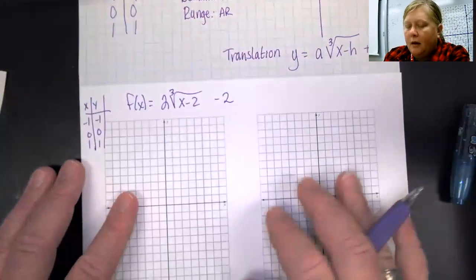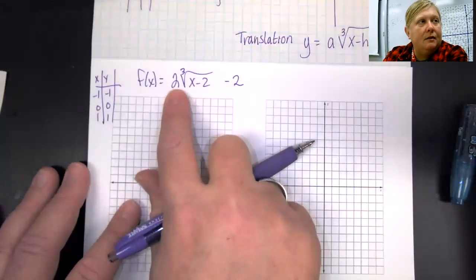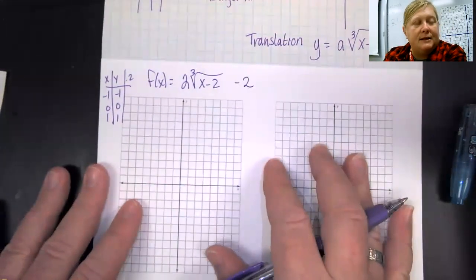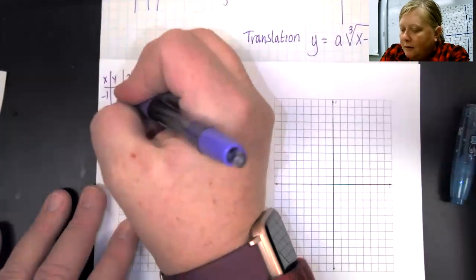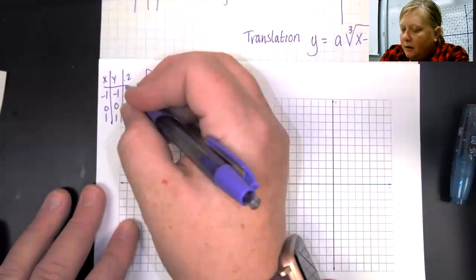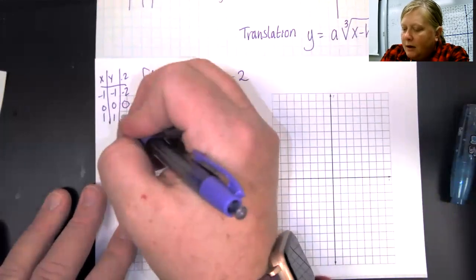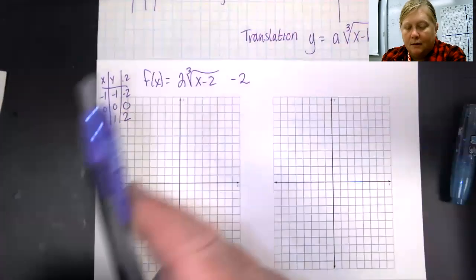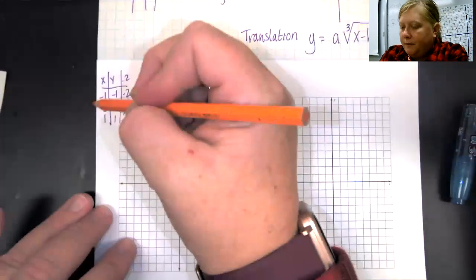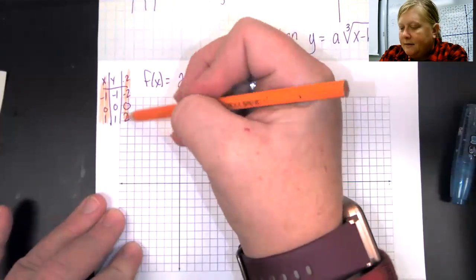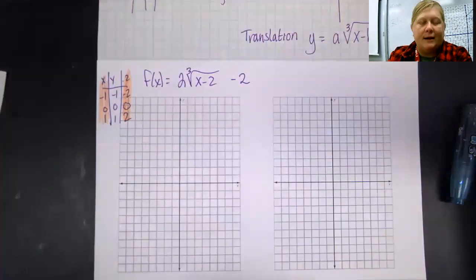I want to do that vertical stretch first, so I'm going to multiply my y values by 2. Well, 2 times -1 is -2. 2 times 0 is 0, and 2 times 1 is 2. So I just stretched them a little bit.